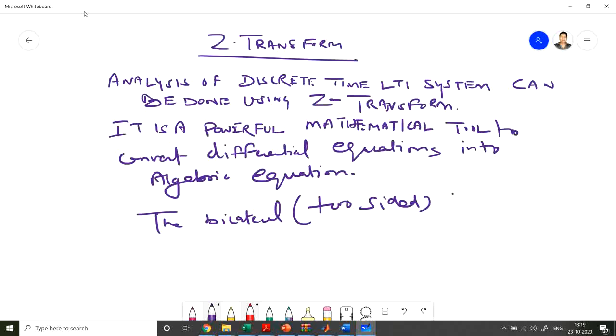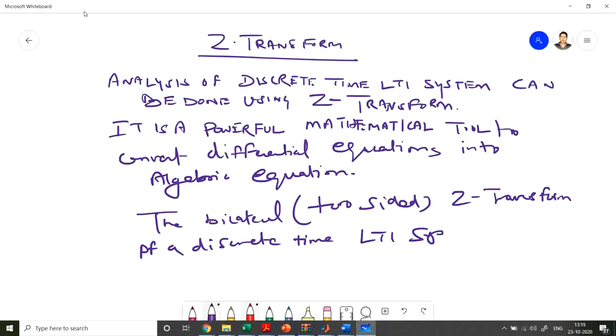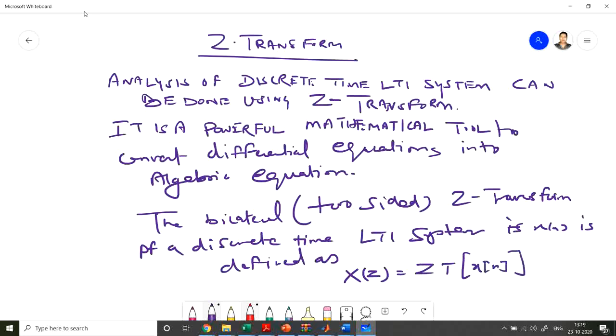The bilateral Z transform of a discrete time signal x[n] is defined as X(z), that is the Z transform of x[n], and it is equal to the summation from n equals minus infinity to plus infinity of x[n] z raised to the power minus n.